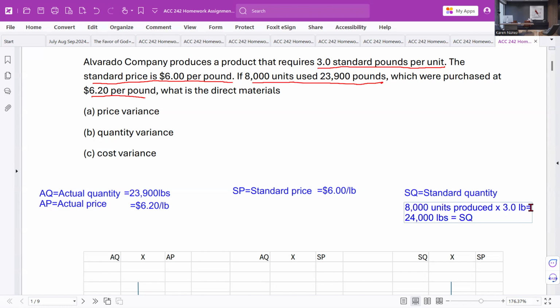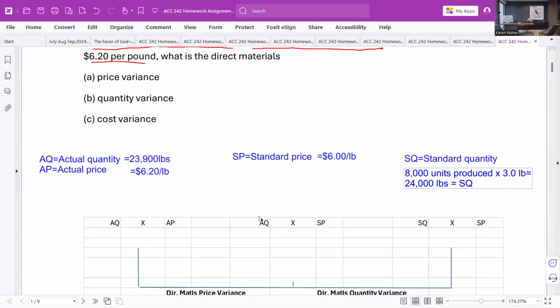This standard quantity is, in essence, the standard quantity that's allowed for the actual output. Given that the output is 8,000 units and each unit requires 3 standard pounds per unit, the standard quantity for all the output is 24,000 pounds, 8,000 units times 3 pounds. So we have all of these variables identified.